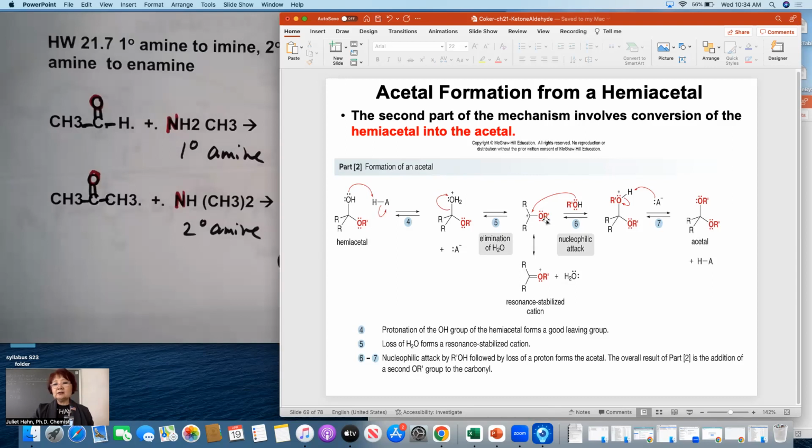Your second alcohol comes in, and then you end up with the acetal, where you've added on 2 alcohol molecules onto the carbonyl carbon. But I don't think I will hold you responsible for that mechanism. I'll just hold you responsible for plain old nucleophilic addition, not for addition of 2 molecules of water, because then you have to look at the thing and remove the OH off of the carbonyl carbon.